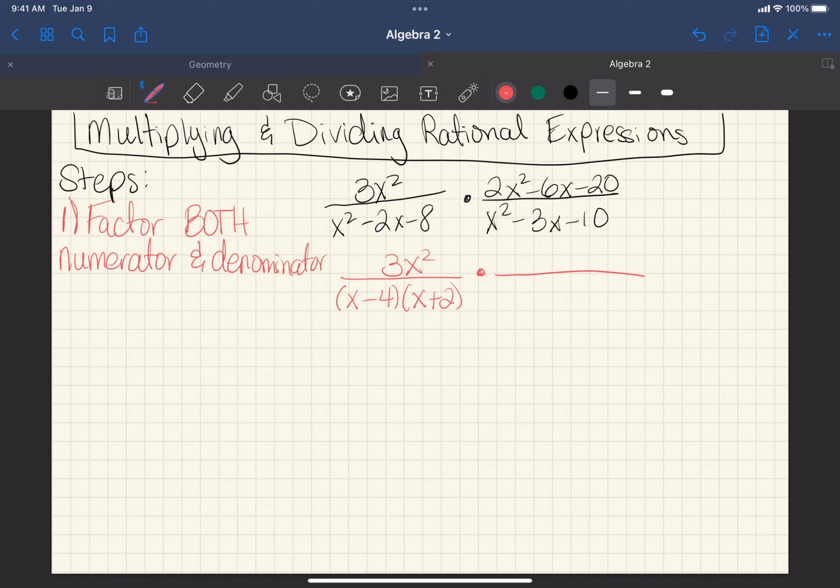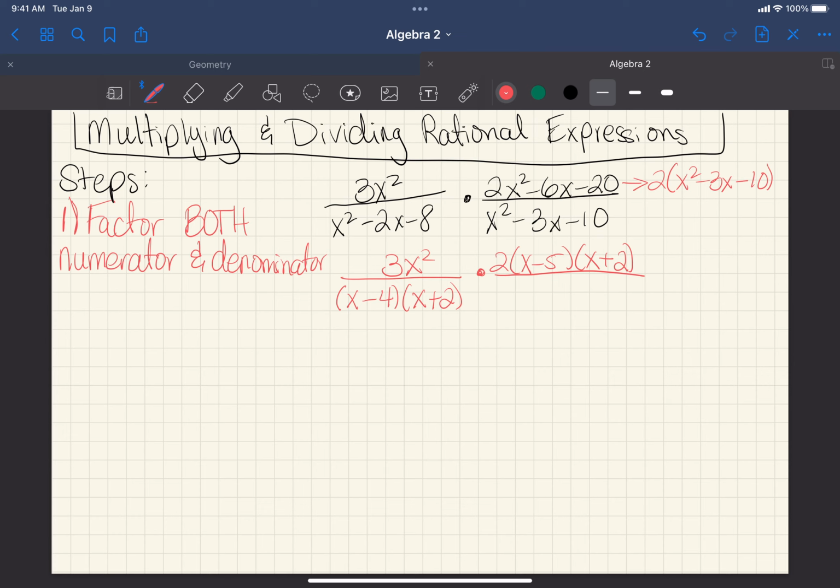This second one, however, the first thing I'd want to do is divide everything by 2, which would leave me with an x squared minus 3x minus 10. And then from there, I want to go ahead and factor. So it would leave me with a 2, an x minus 5, and an x plus 2.